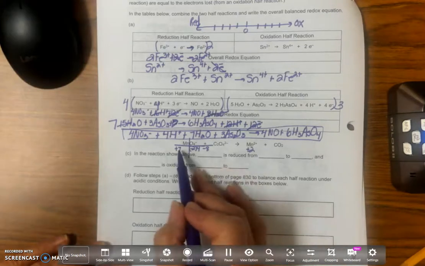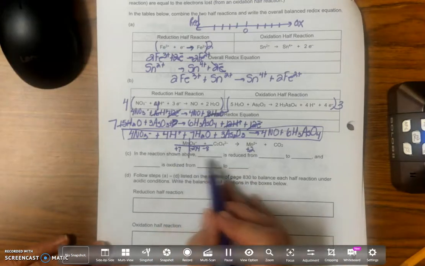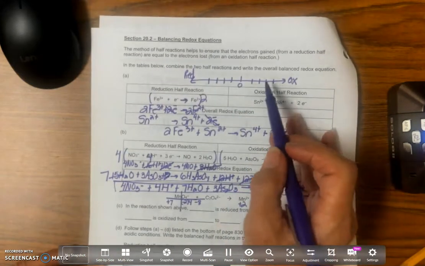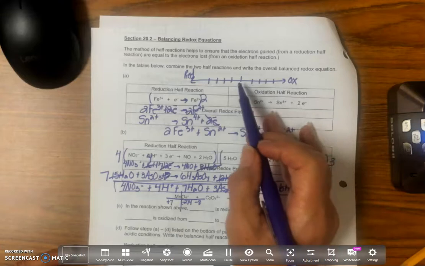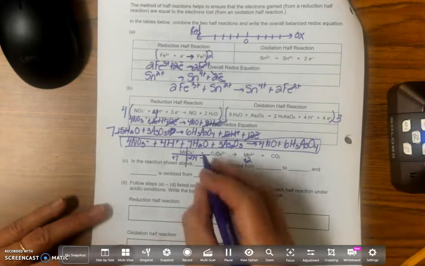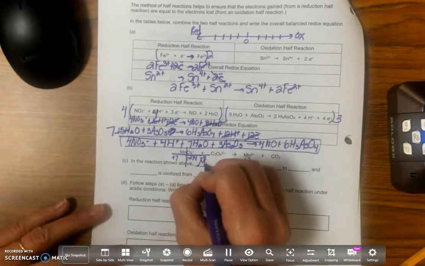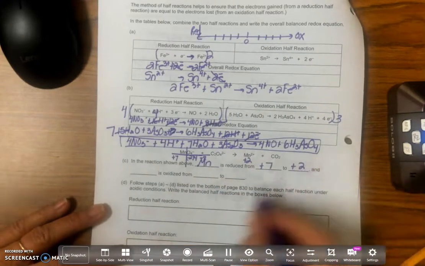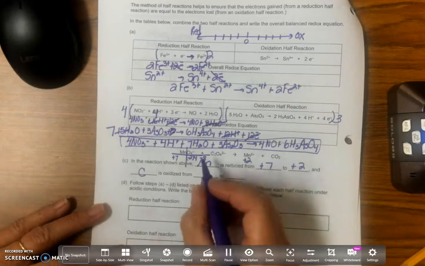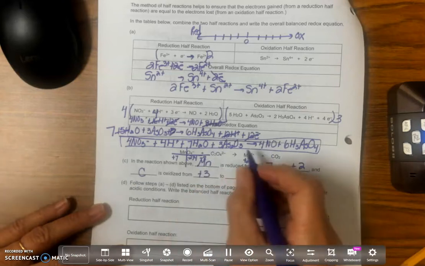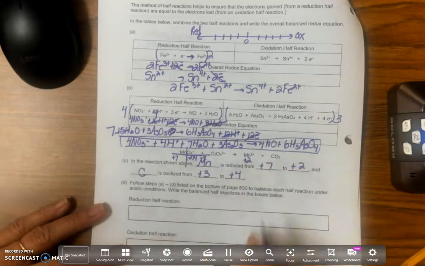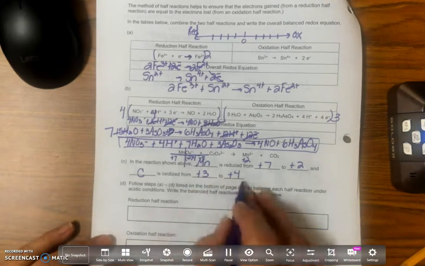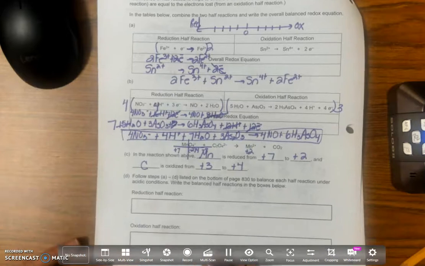So that means that manganese is going from a +7 to a +2. If I go up here and I'm at a +7, I'm going in this direction to a +2. That means that this one is +7 to a +2, and then the carbon is going from a +3 to a +4. And so this one is being reduced, and this one is being oxidized.